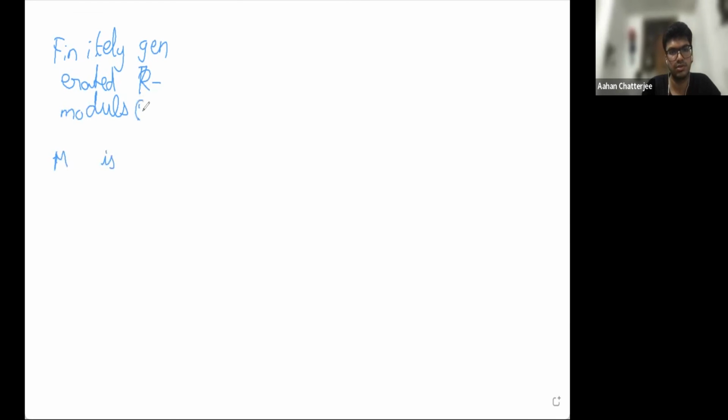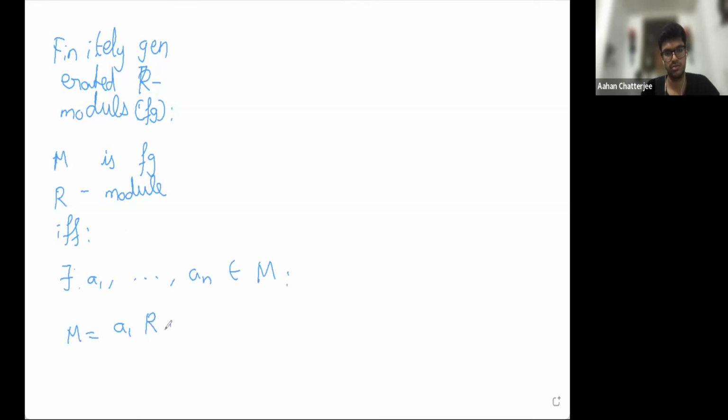I say M is a finitely generated R module, in short FG, if and only if there exist a1 to an in M so that M is a1 R plus a2 R plus ... plus an R. This is fine, right?